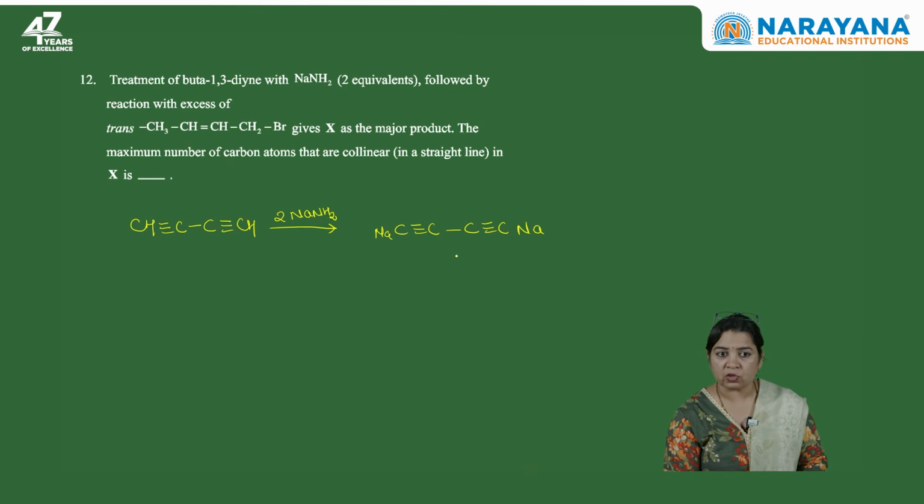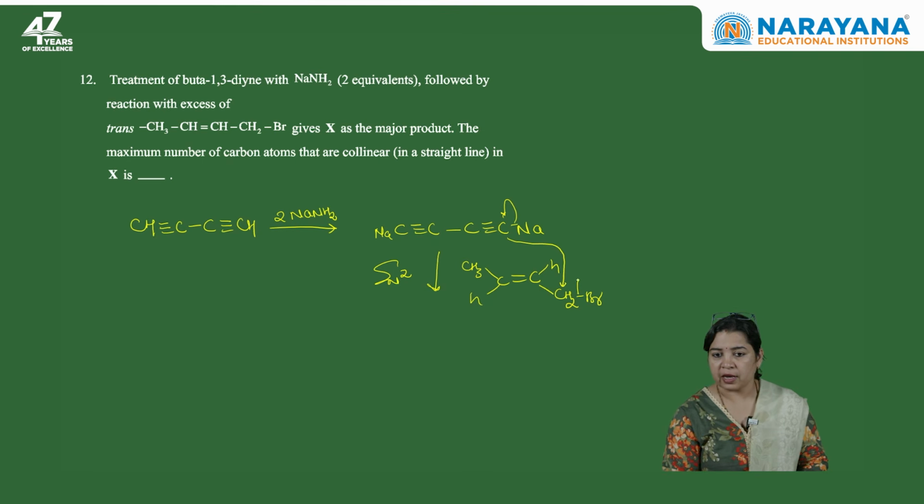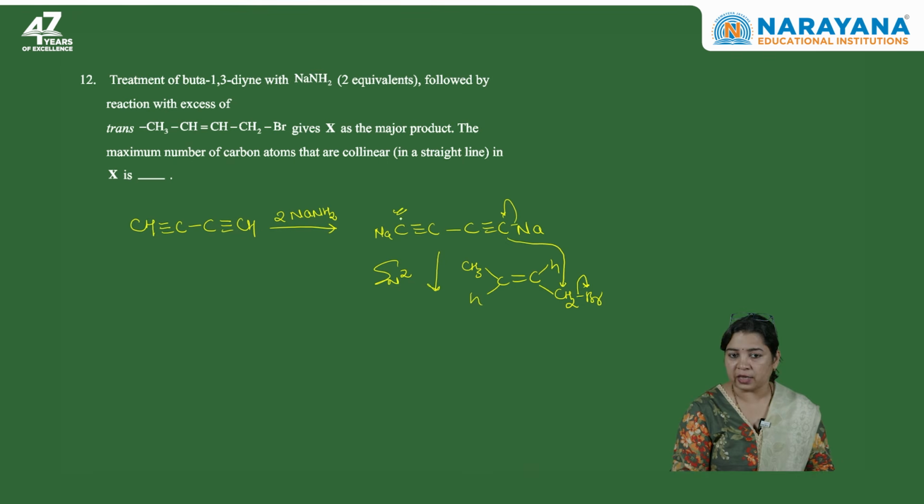Now this is treated with excess of what? Trans CH3 C double bond C trans. So I have to write like this, CH2Br. What reaction do we expect? SN2. What type? Like this C minus will attack here and bromine is gone. Similar reaction from the other end on the next molecule, right?